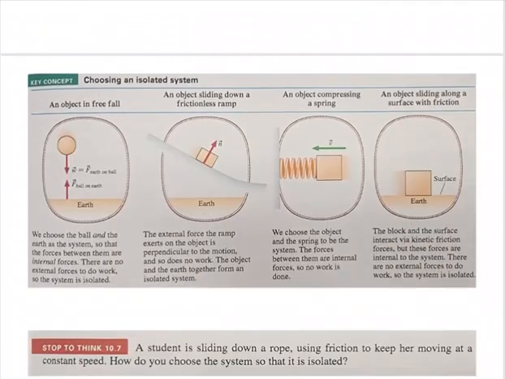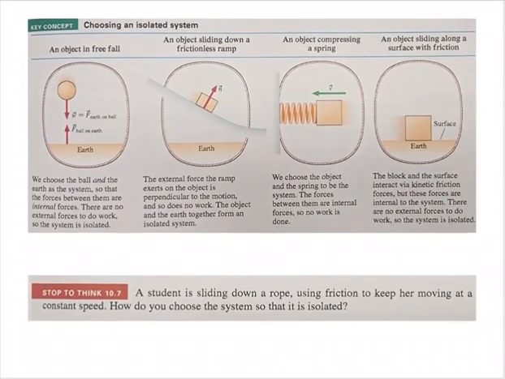Now, we have some different isolated systems to talk about. For an object in free fall, notice the little rope-looking things around the system. The force on the ball or whatever it is going to be is the weight of the object.